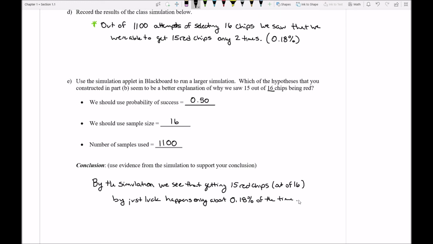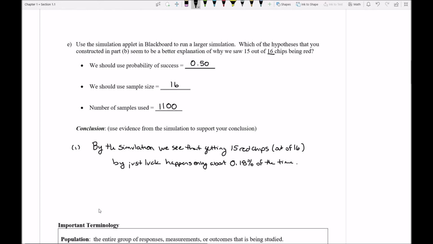We're kind of explaining first what the simulation told us. This is kind of almost like part 1 of our explanation for our conclusion.